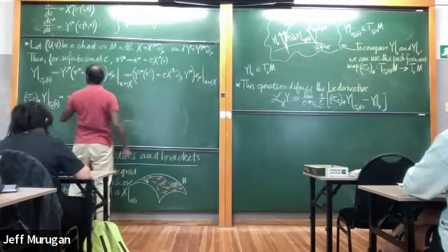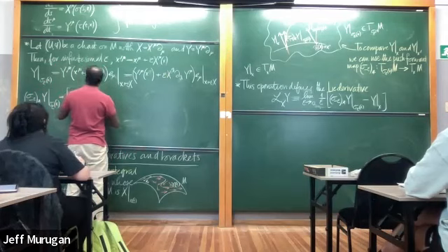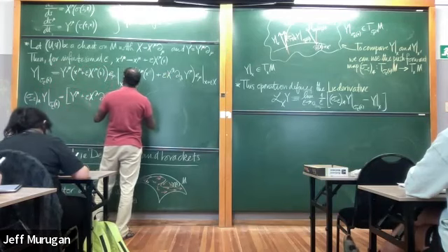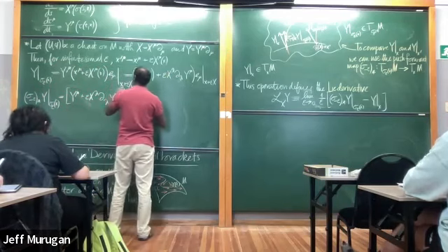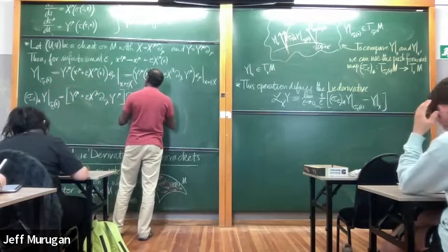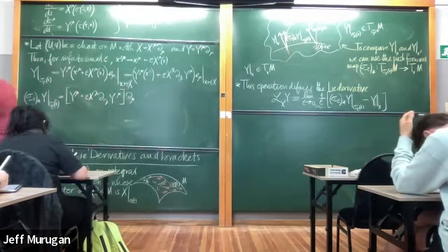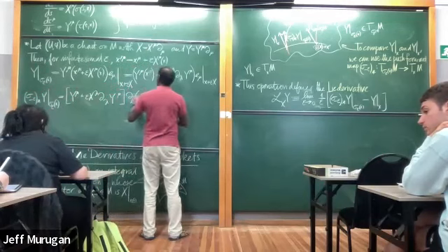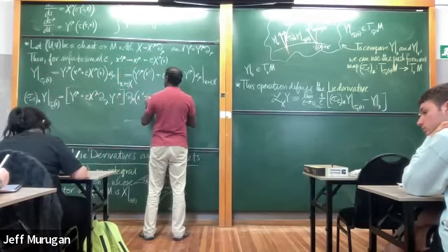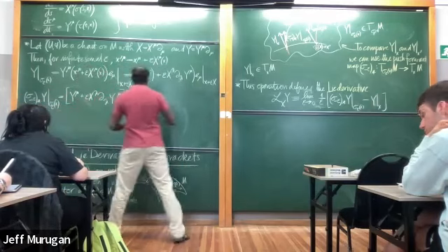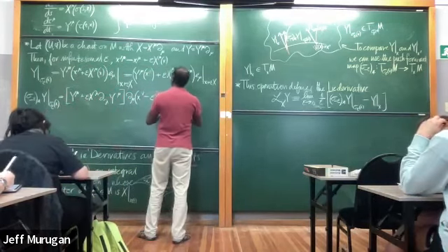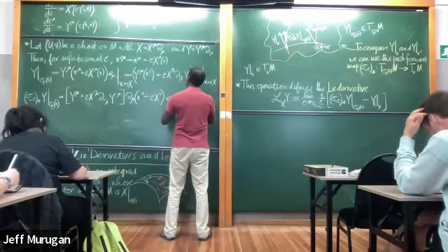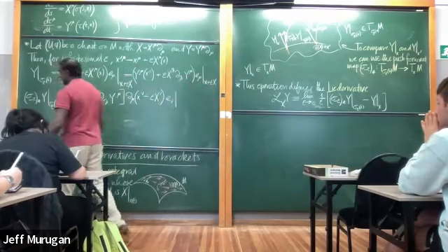Y^mu plus epsilon x^lambda d_lambda y^mu, d_nu of x^mu, going back to point x plus epsilon x^mu, e evaluated now at x.